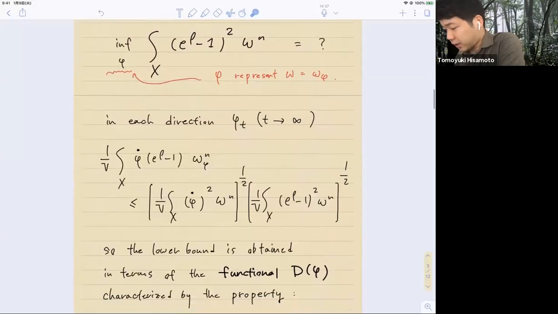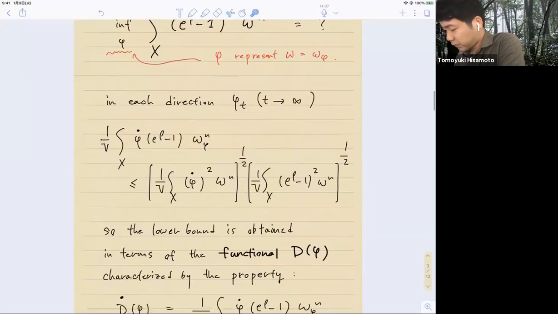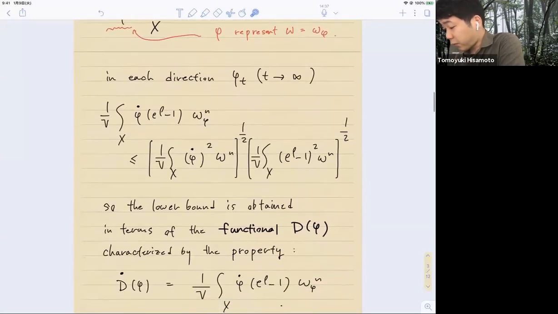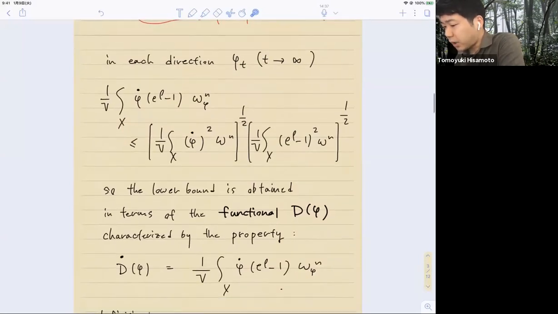And there actually exists a canonical functional D, usually denoted by D of phi, which is a functional over the space of scalar potentials and characterized by the property that the differential of D is precisely equal to the integration of phi dot against e to the rho minus 1. So this is almost a definition of the D functional.